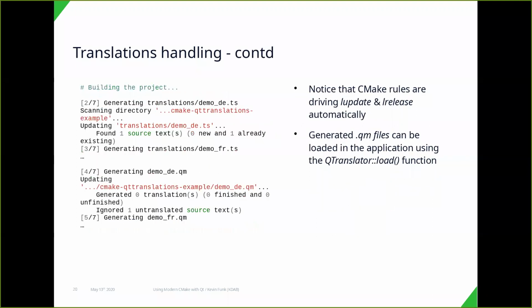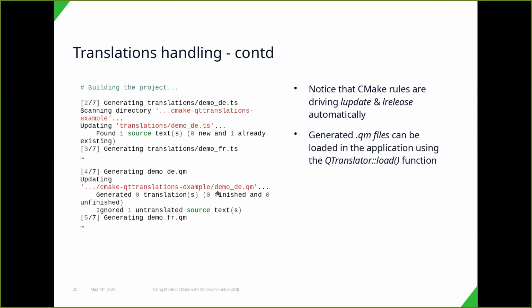And if you start to build a project, you'll notice that CMake does its magic, and it will run lupdate on the source directory. It will say it updates one of these TS files. And in the end, it will also take care of running lrelease and generate the QM files, which are basically the binary representations of those translation files, which can later be loaded into the application using QTranslator::load.